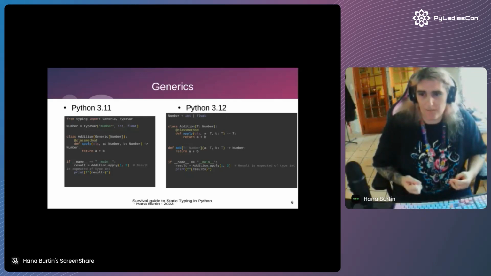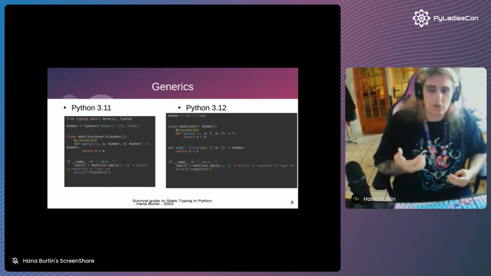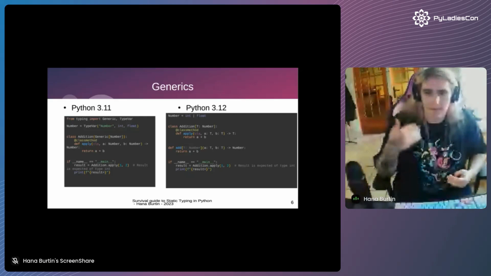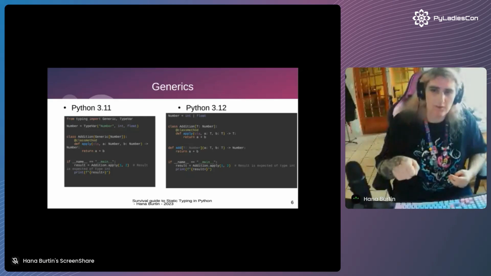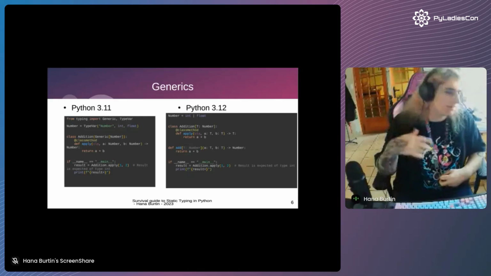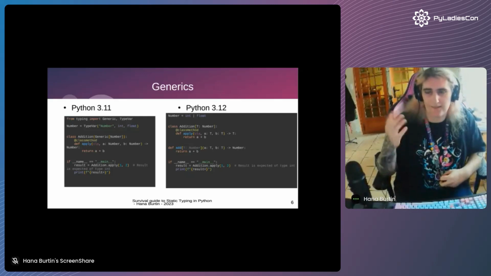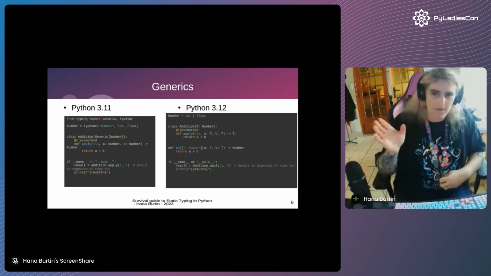And basically that means that if you are using an addition, you can use it with integers, you can use it with floats, and you also know that the return type of the apply method for your addition will be the same type as the one you passed in. That's what generics are saying in this example.